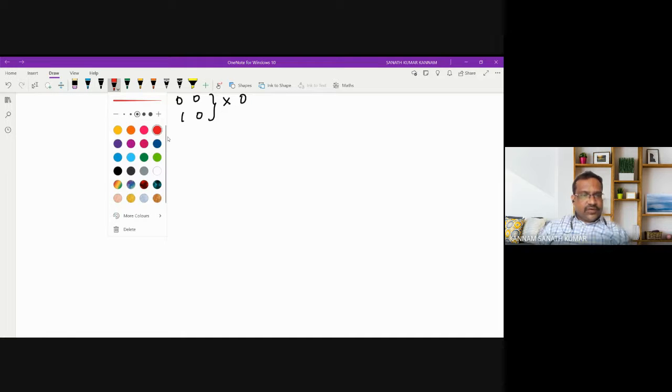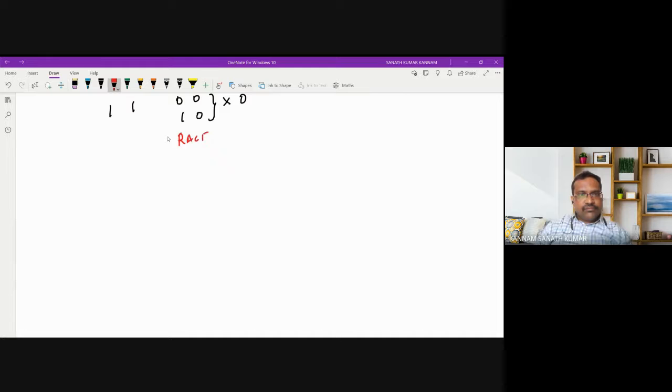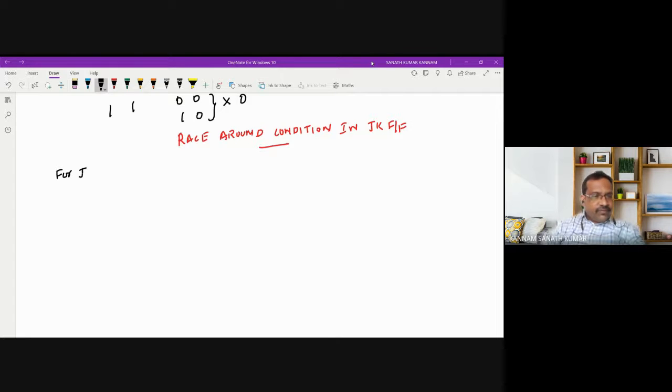So next is race around condition for the JK flip flop. What does race around condition mean? In a JK flip flop, if J equals 1 and K equals 1, and if the clock is too long, okay.